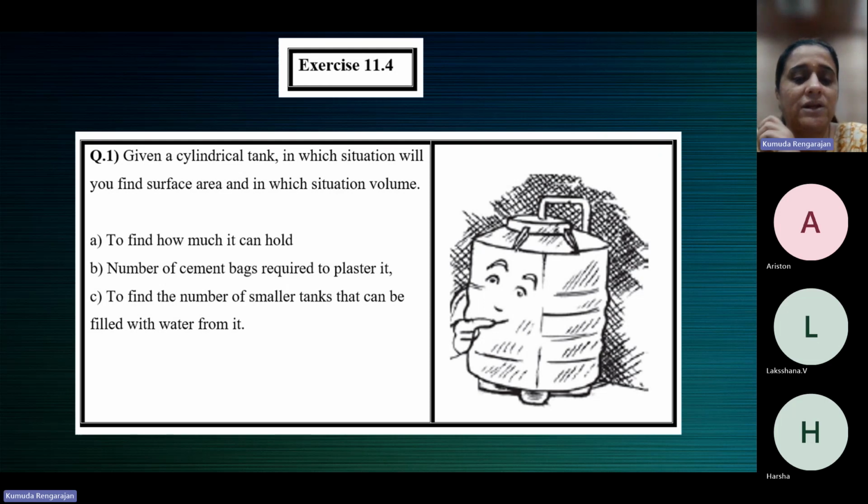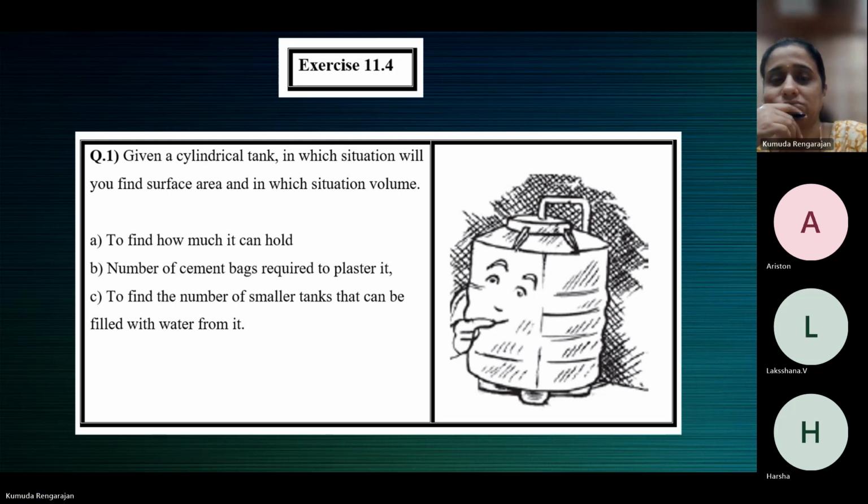Next, number of cement bags required to plaster it. What will you find? Where will you plaster? Now a building, where is the building plastered? Plaster is that mixture of cement and other material, they splash it on the wall and smoothen it. Where is it done?